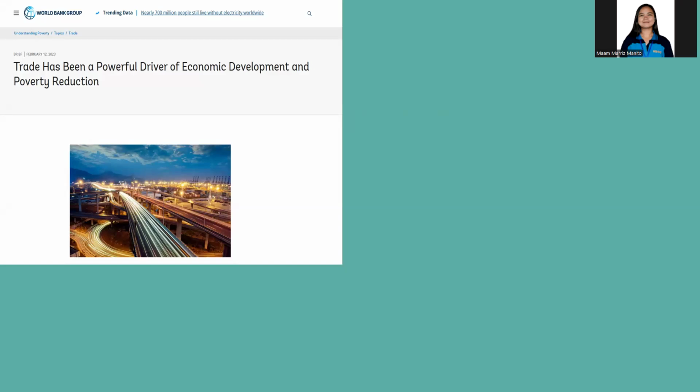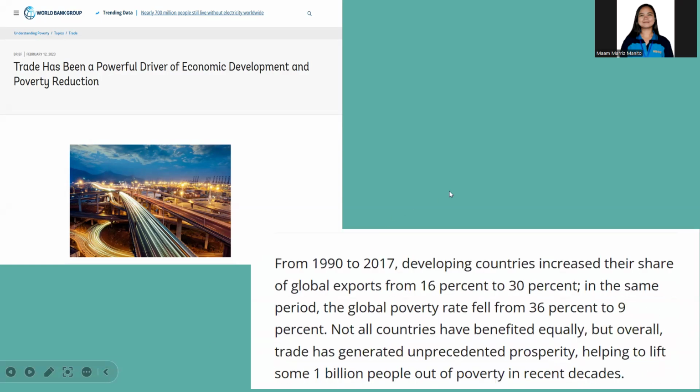Trade has been a powerful driver of economic development and poverty reduction. This is according to the World Bank, because in their report from 1997 to 2017, developing countries have increased the share of global export from 16 to 30%, and the global poverty rate from 1990 to 2017 has fallen from 36% to 9%.